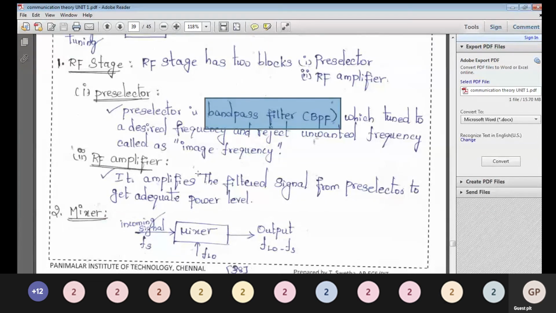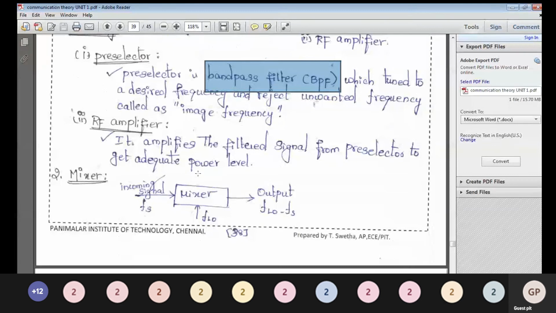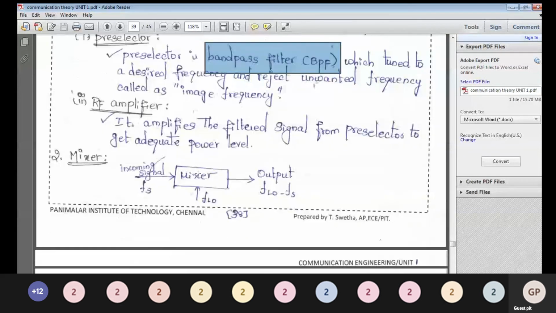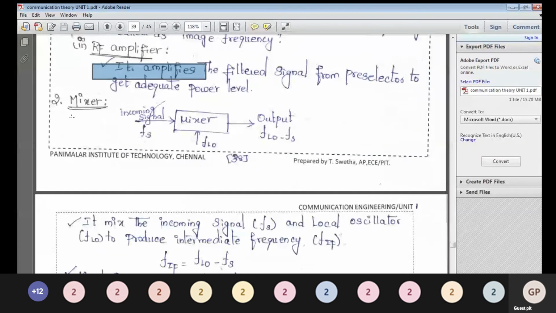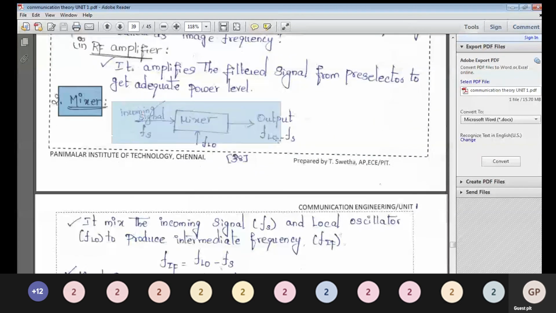The tuned band pass filter will allow the desired frequency band. It will not allow the unwanted band. It rejects the remaining unwanted frequency bands. That is the function of the pre-selector. Next, the normal RF amplifier: the selected signal is amplified. That's all.